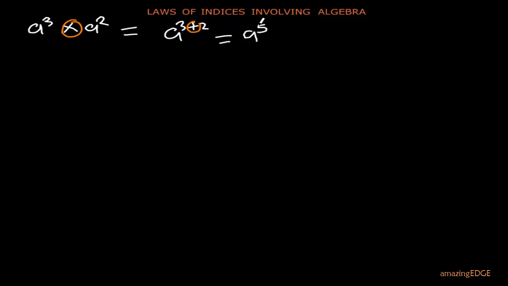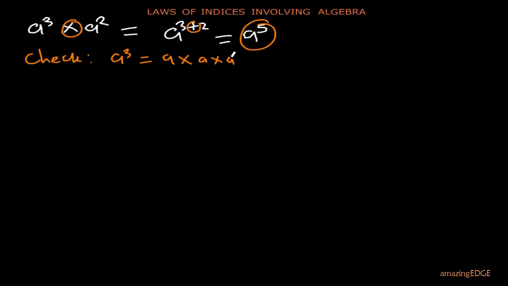But one may like to verify this result. I may decide to verify this result, so I can check that this is true. For instance, let's do a check. I can say that a raised to power 3 is nothing else but a times a times a.